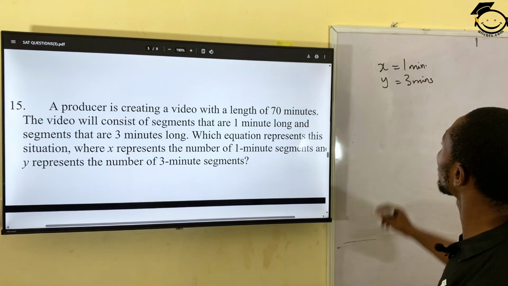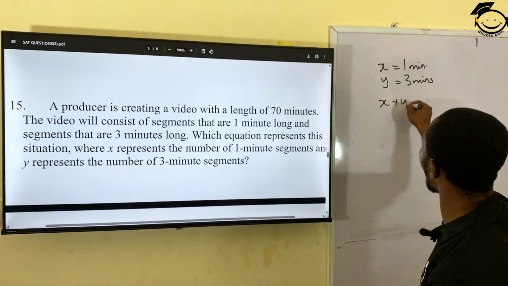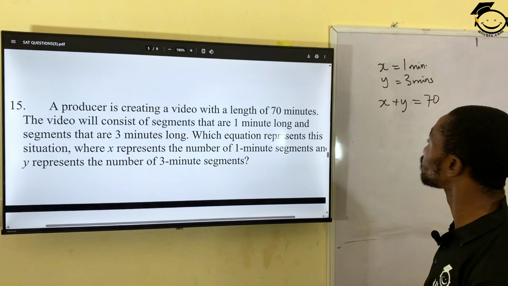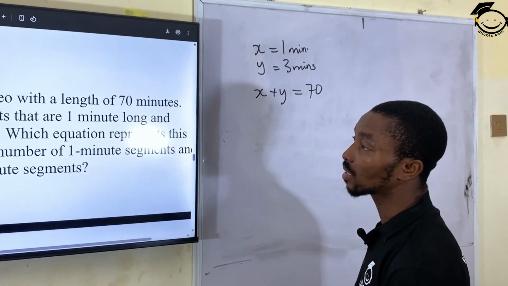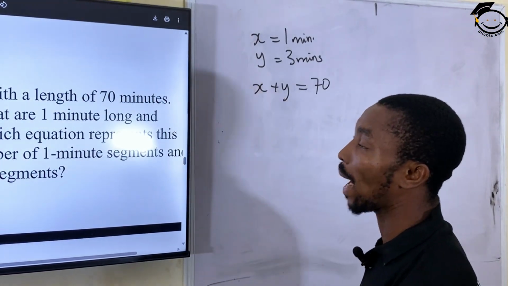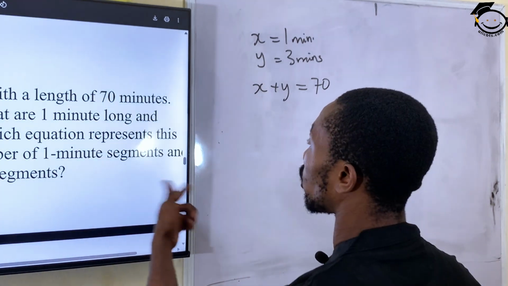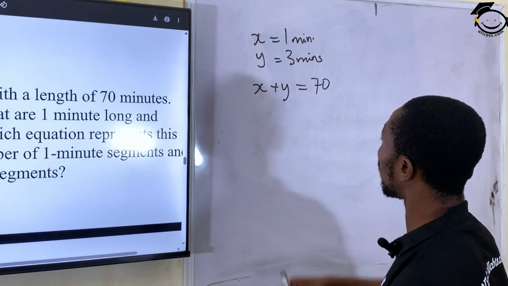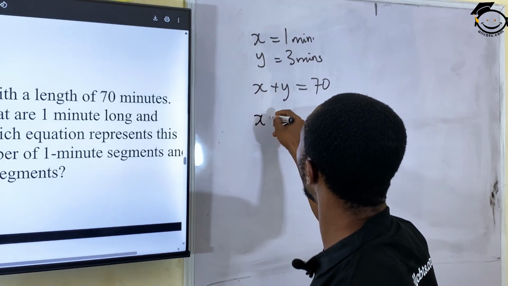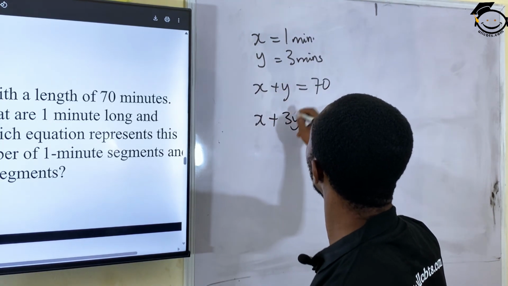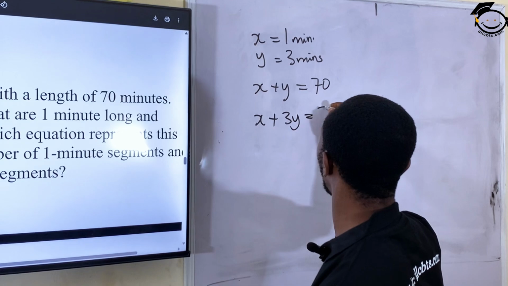Since he's producing a 70 minute video, we want the total number of minutes, which will be x, which is 1 minute, plus 3 minutes for y, giving us x plus 3y equals 70.